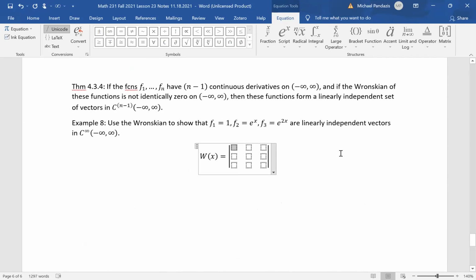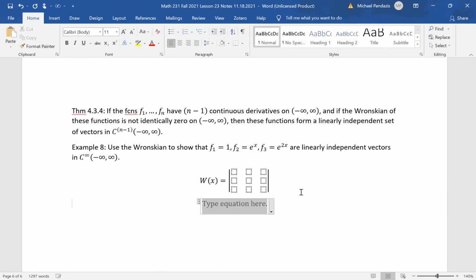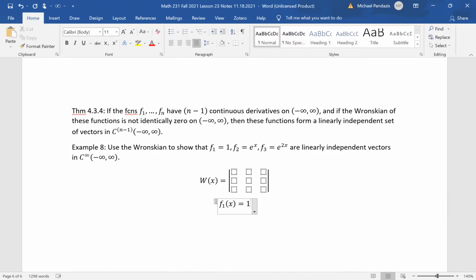Well, f1 is 1. If we looked at f1 of x, it's equal to 1. If we took the first derivative, f1 prime of x, it's equal to 0 because the derivative of a constant function is 0.